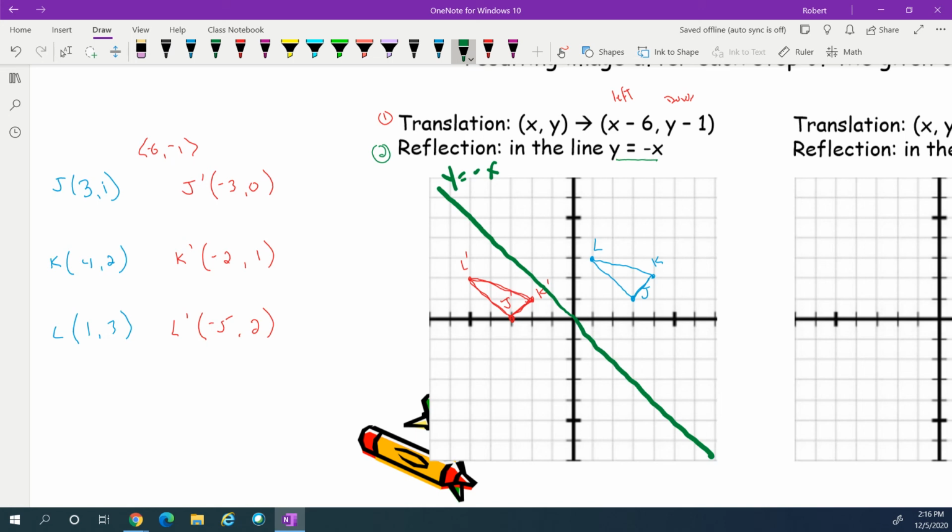But ultimately, what I want to do is grab the rule for that reflection, which says xy becomes -y, -x.